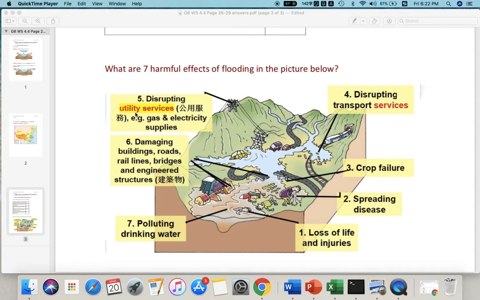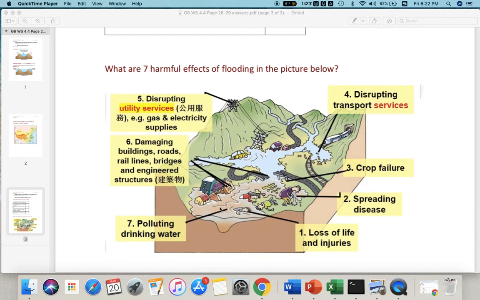Utility services means 公用嘅一啲服務啦. And number 6, you can see the houses, the roads, the buildings, the cars are being drowned. So damaging buildings, roads, rail lines, bridges, and engineered structures, 建築物啦, is also one of the harmful effects of flooding.